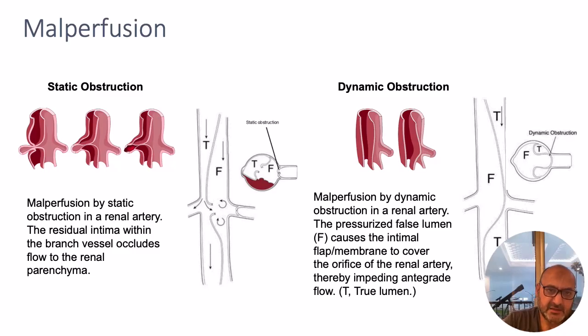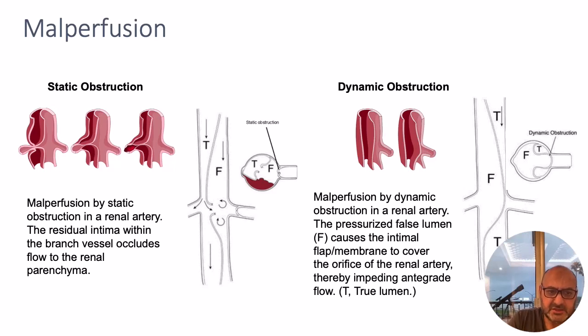Whereas a dynamic obstruction is usually a result of the high pressure in the false lumen that pushes or compresses on the intima or septum, and that would occlude, as you see on the left hand side, the orifice.